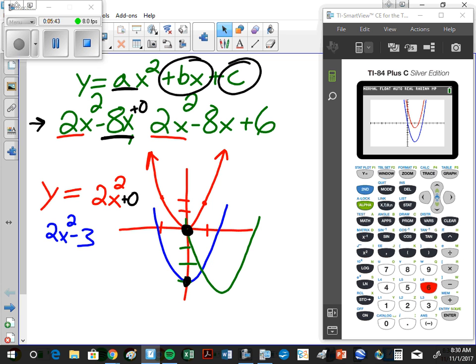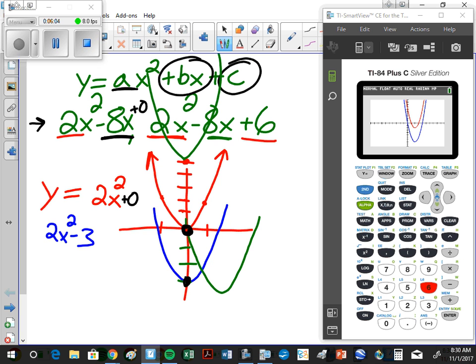And then the second one, 2x squared tells me that it opens up and it's twice as tall. 6 tells me where it's going to hit the y-axis. So 1, 2, 3, 4, 5, 6. So I could draw this parabola.